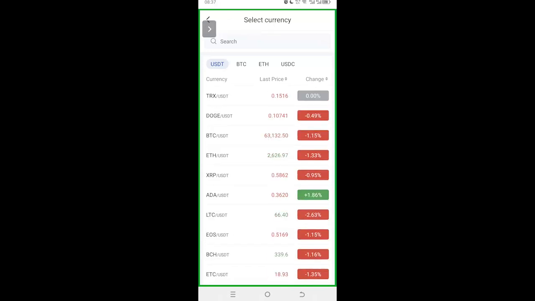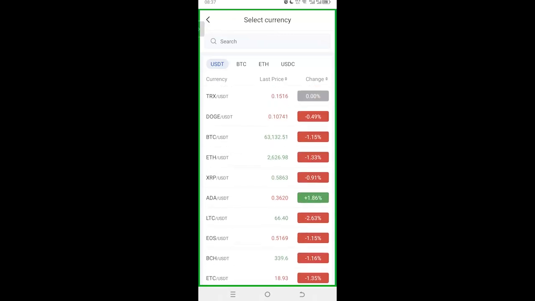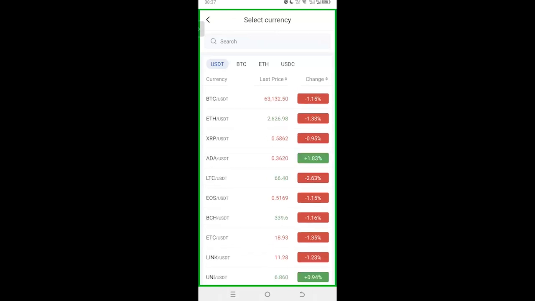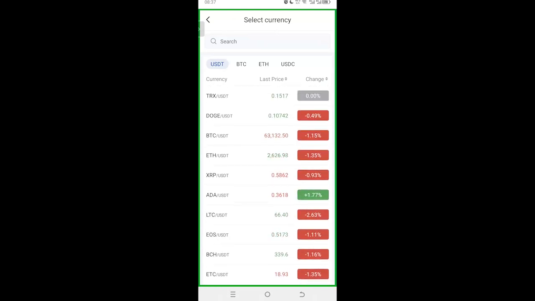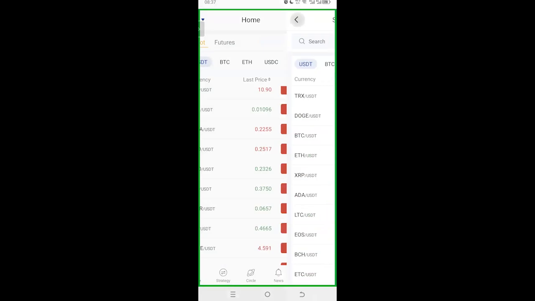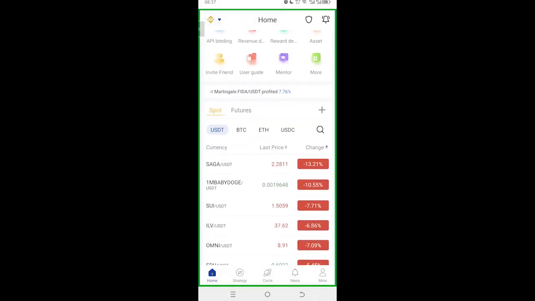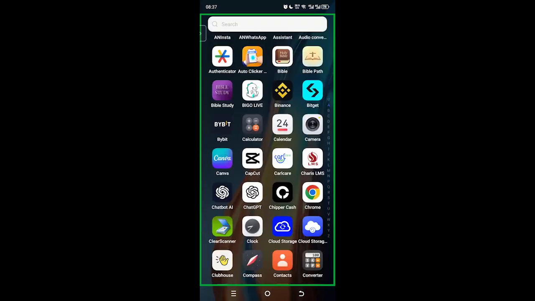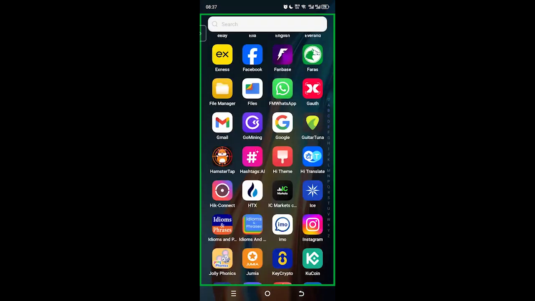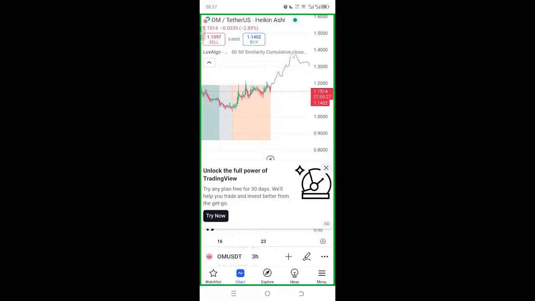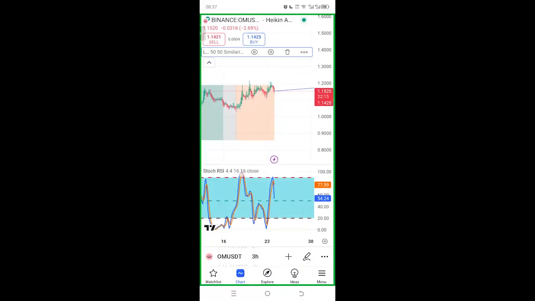So when you get a coin like this, what do I do? I go to my TradingView. Me, I use TradingView a lot.